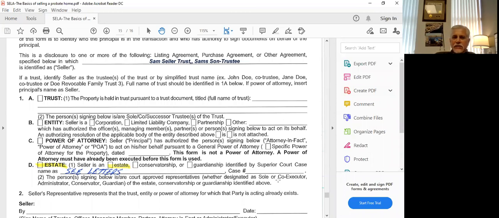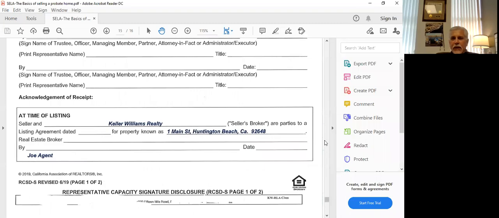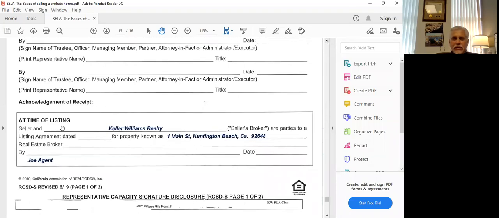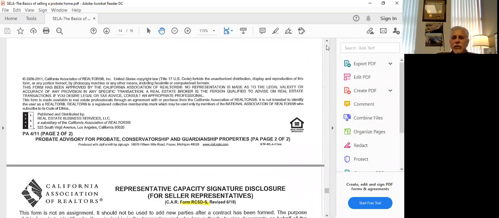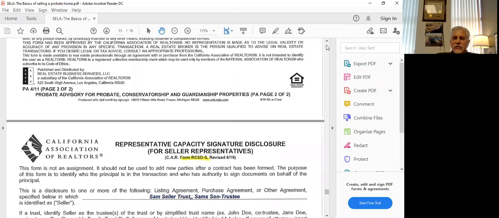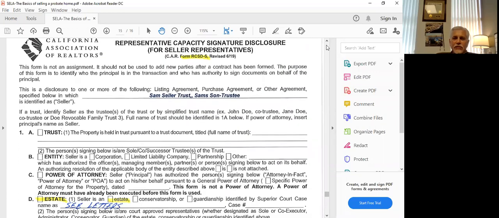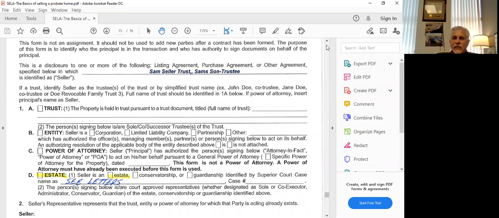But on the RCSD, once again, you're going to say it's an estate, and you're going to want to put the exact names of all the people as per that letter and the case number. But you must have that to protect us. And basically, here it says the time of listing. The case is when people don't take an RCSD, whether it's a trust or a probate or a corporation, and somebody just signs that.